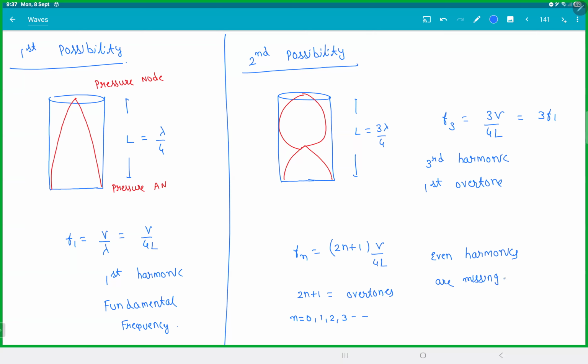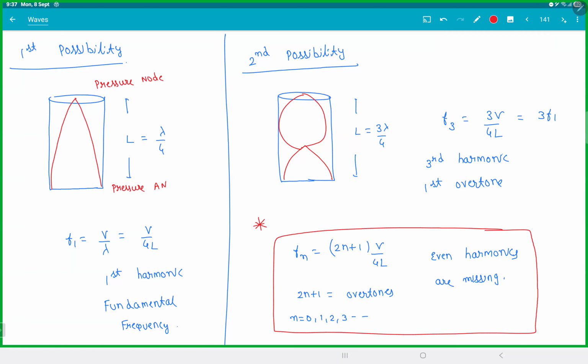There it was root of T by mu and here it is root of gamma P by rho. Check it out. Play with this. Any doubt so far? Anything not clear, not convinced, please ask.